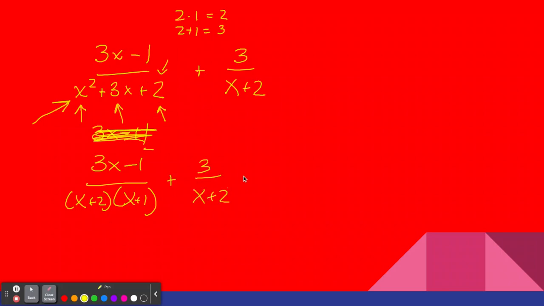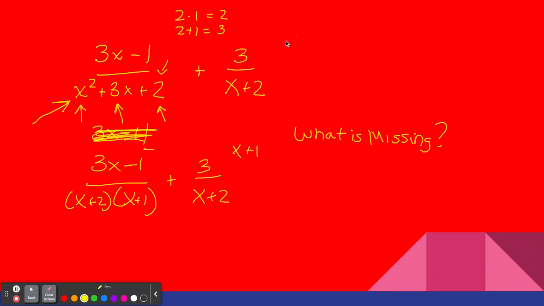Now, what is missing? Be careful here, because over here, the x plus 1 is missing. The x plus 1's missing over here, but nothing's missing over here. There's nothing missing, right? It has an x plus 2.